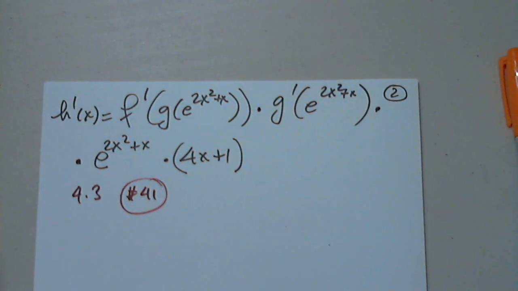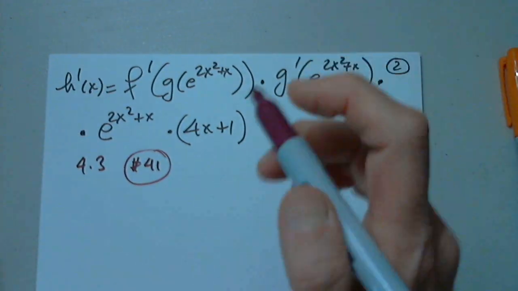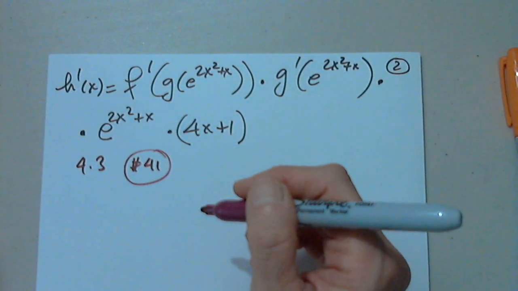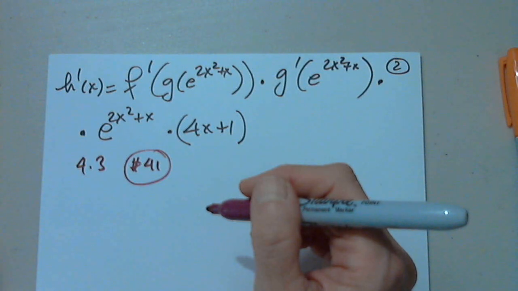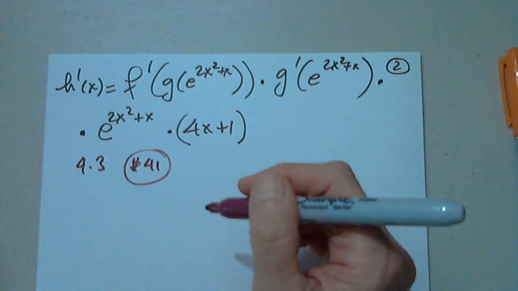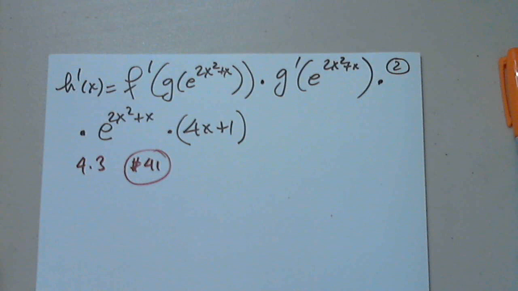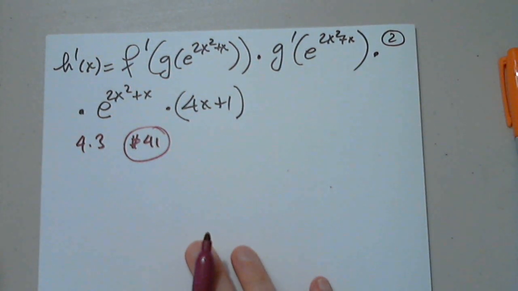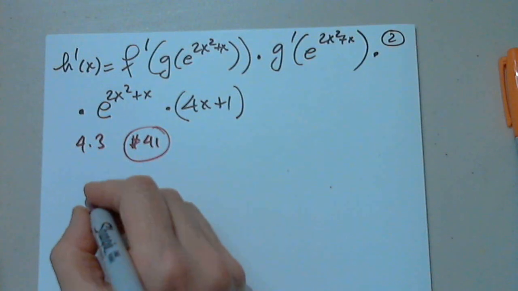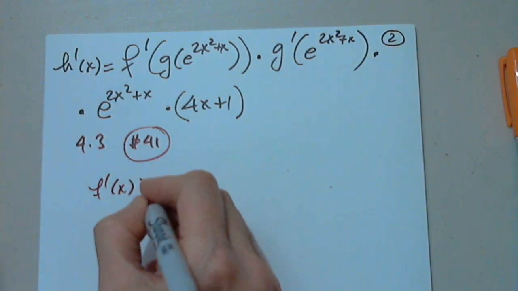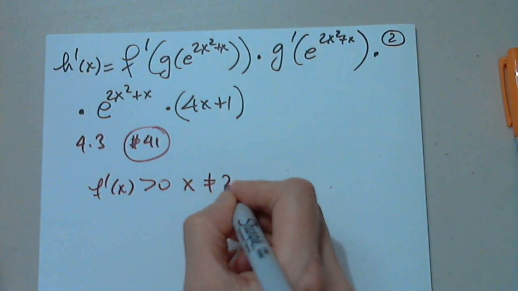It's the limitations: f prime of x is greater than 0 if x is not equal to 2. It's similar to 40, 39. Okay, let's do that. Let me copy it. So we have f prime of x greater than 0 for x not equal to 2.